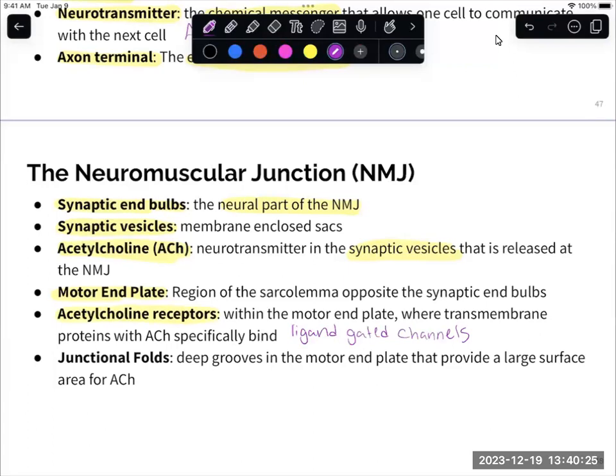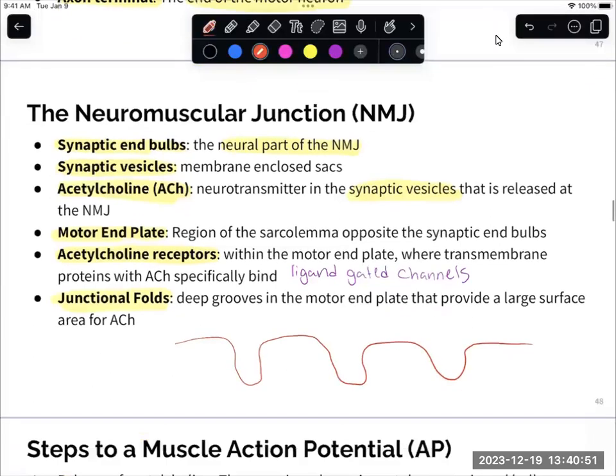Well, these acetylcholine receptors sit on these ligand-gated channels. So when that acetylcholine binds to that acetylcholine receptor, it's going to open that channel. And then we have junctional folds. These are just deep grooves, like in that picture we saw before, that kind of go like this. It works to increase the surface area. That's what it does.